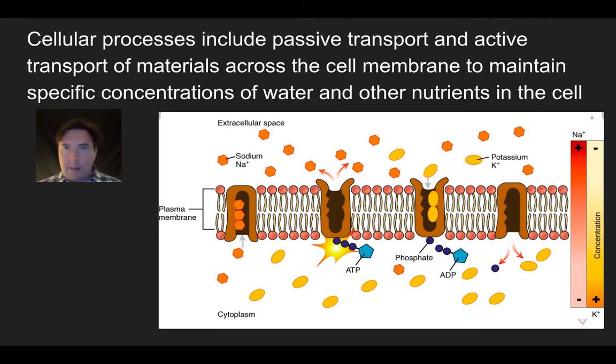Again, why are we talking about movement of materials across a membrane? Well, this is actually how your body creates a situation of homeostasis. There are times when your cells are going to want to maintain a situation in order to create a stable state. In this instance, this allows cells to communicate using these sodiums and potassiums to send information down a nerve cell.